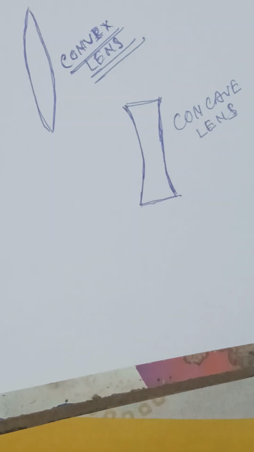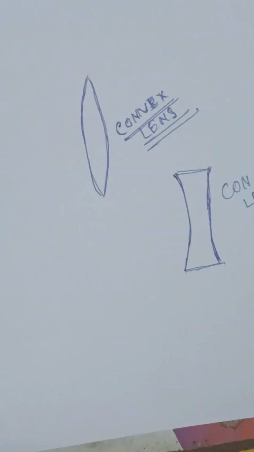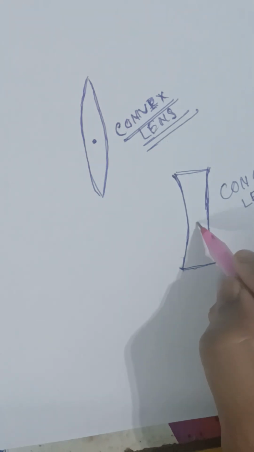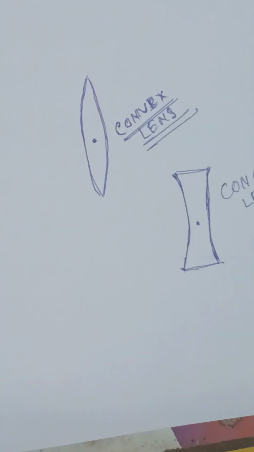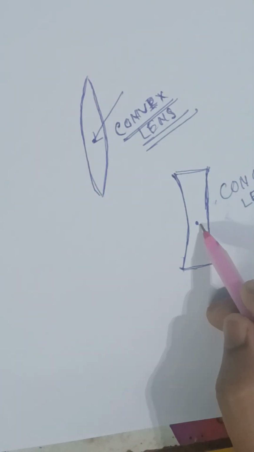So a few terms related to concave and convex lens. First of all, the midpoint of the lens. Here is also the midpoint of the lens. This midpoint is known as the optical center. It is known as the optical center of convex lens. This is known as the optical center of concave lens.